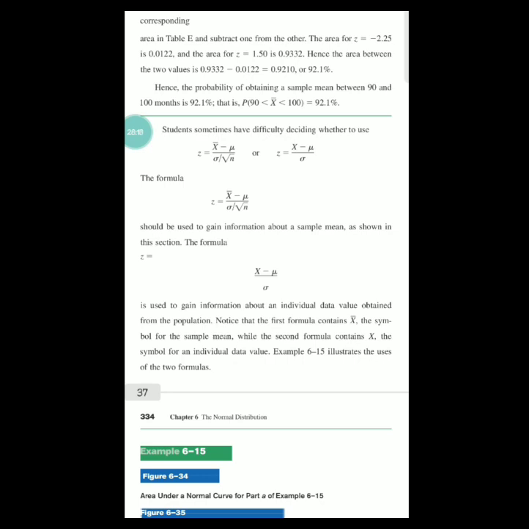The formula Z equals x minus mu divided by sigma is used to get information about an individual data value obtained from the population. Notice that the first formula contains x bar, the symbol for the sample mean, while the second formula contains x, the symbol for an individual data value.